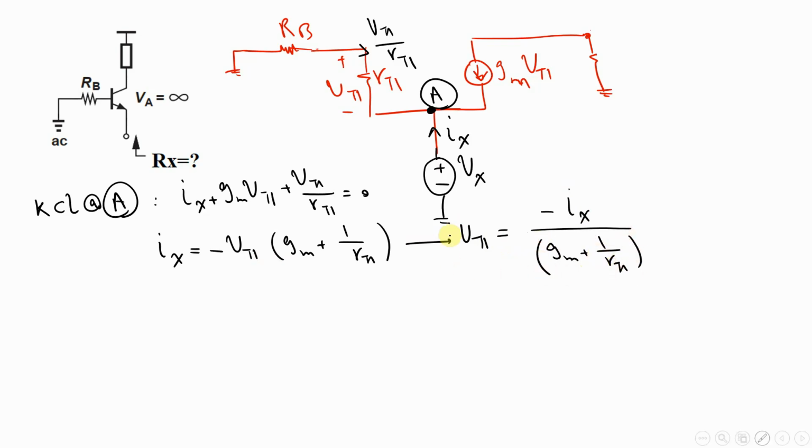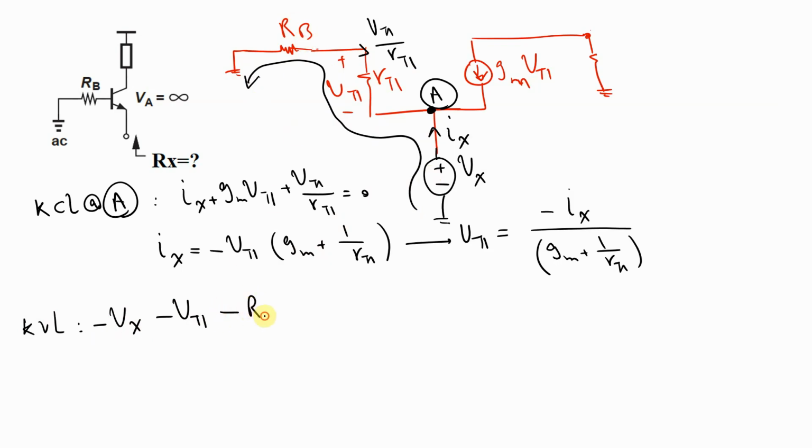Now I can use the KVL again, from this node to this one. Now use the KVL: minus Vx, here we have minus V pi, and again here we have negative RB times V pi divided by R pi, and again I'm going to substitute V pi with this expression here. So here we have Vx.